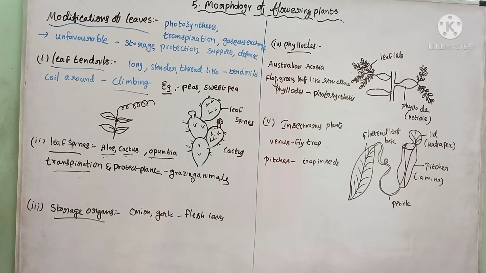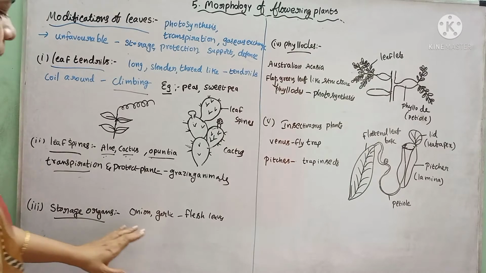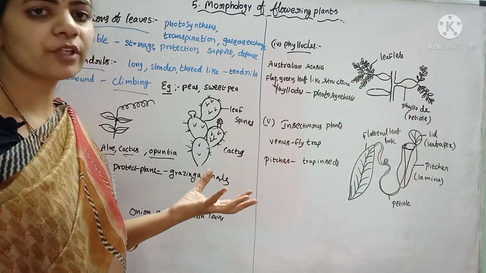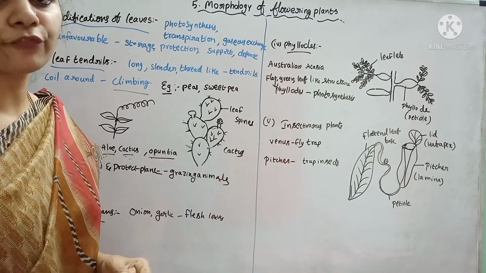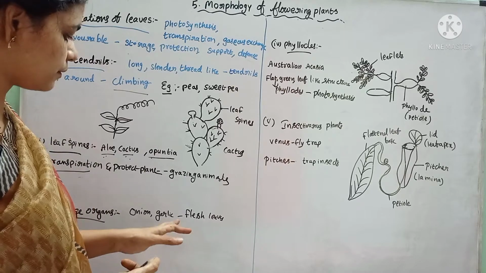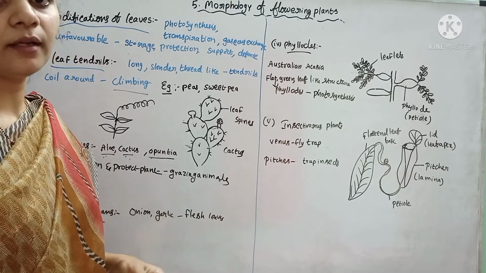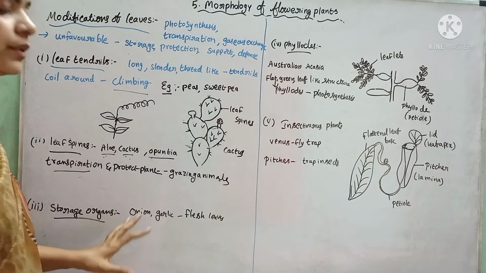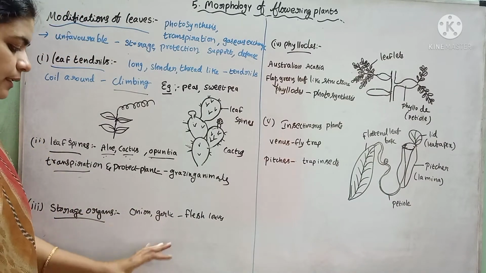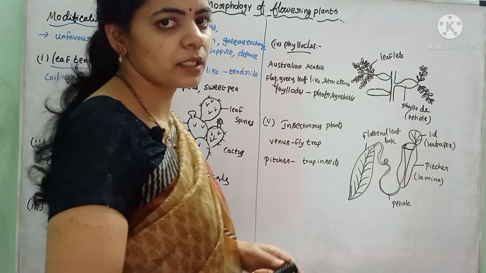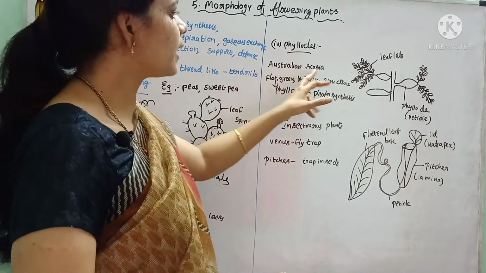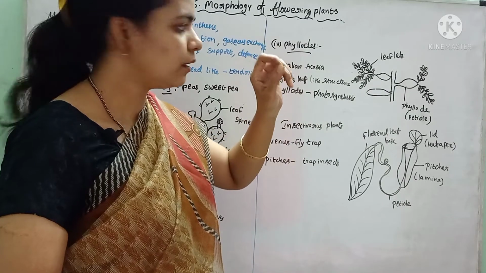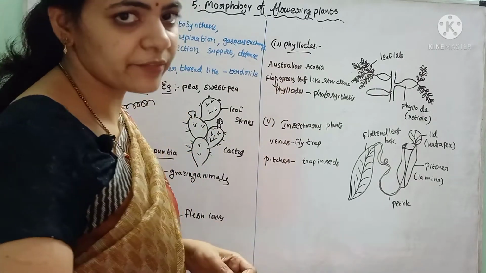Next one is storage organs. Some plants such as onions and garlic have leaves which are very fleshy and store food material. The fleshy part of the leaf, which we use as a vegetable, is nothing but the stored part of the leaf in onions and garlic. Next one, phyllodes. In plants such as Australian acacia, the leaflets are very small and very short-lived structures.